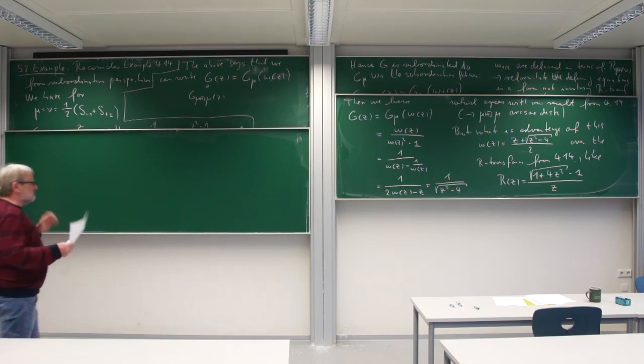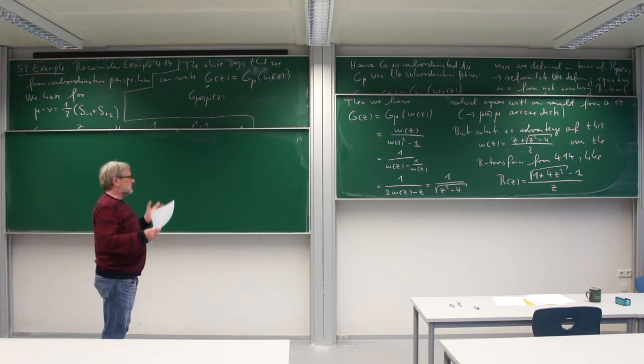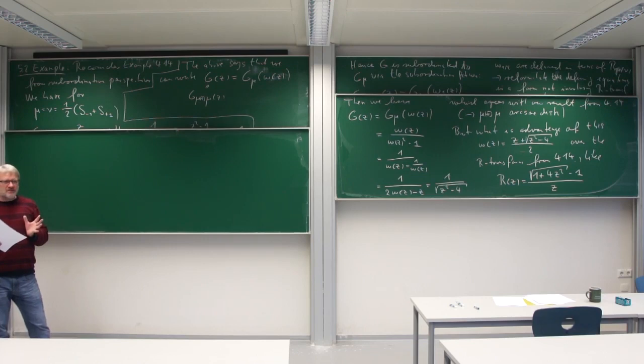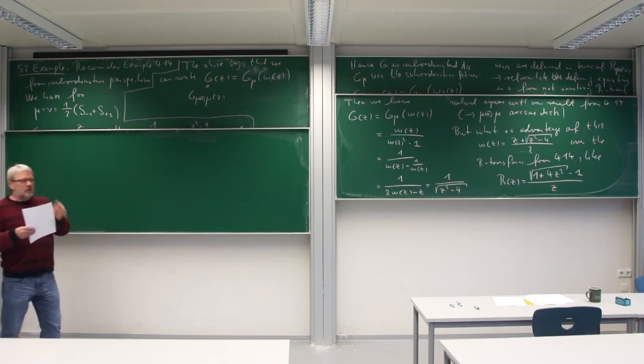All the calculations which we did are rigorous, even rigorous for analytic functions. So they show that omega and R are analytic functions on some small domains, in the compactly supported case, for balls.